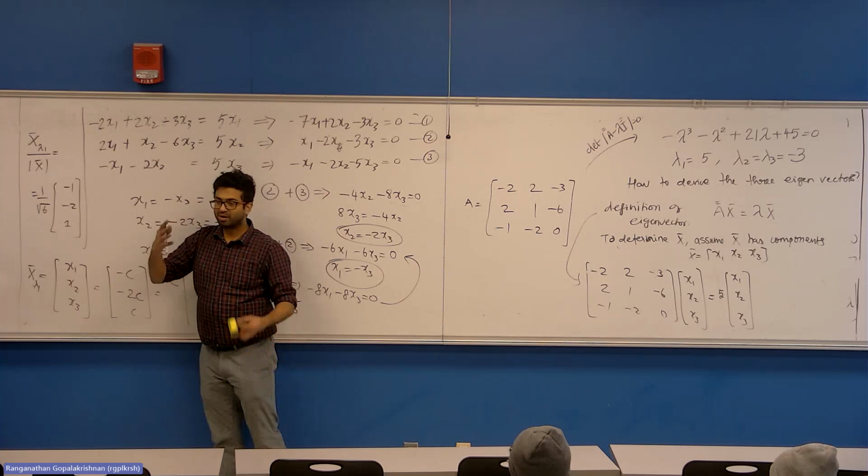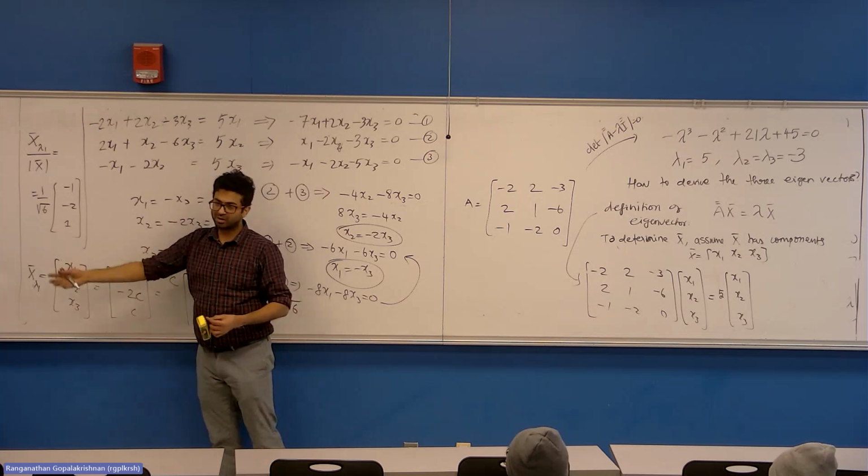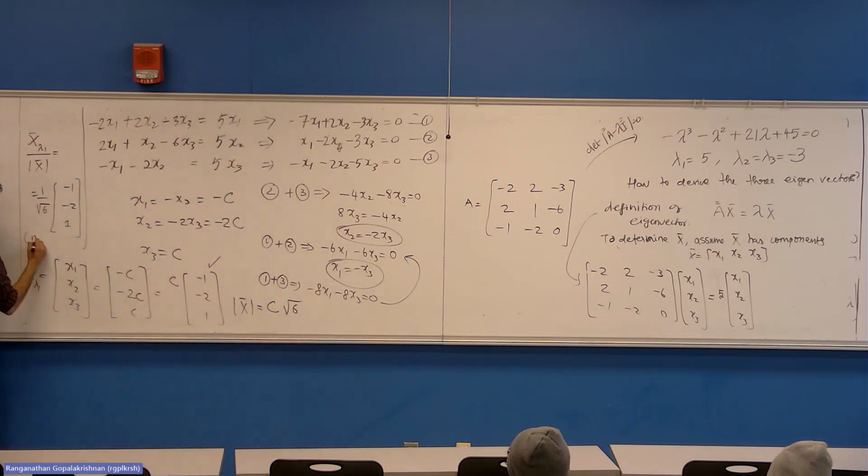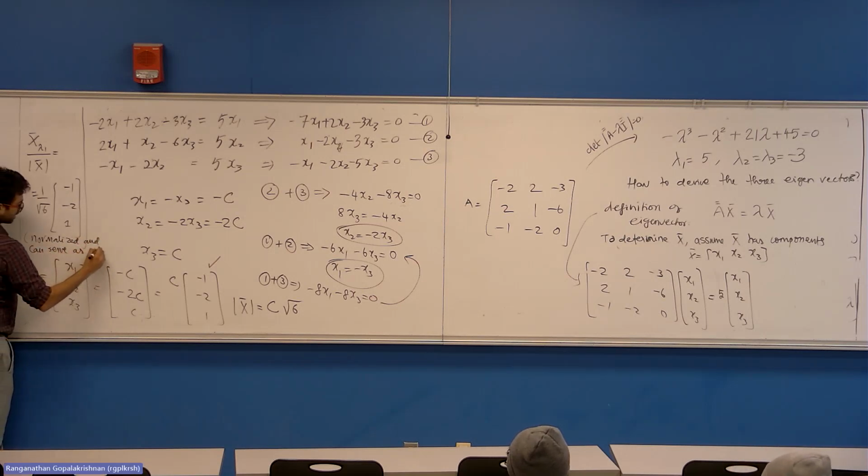We call it normalized eigenvector, so that it can serve as a unit vector for a coordinate system. So this quantity here is normalized and can serve as a basis vector.